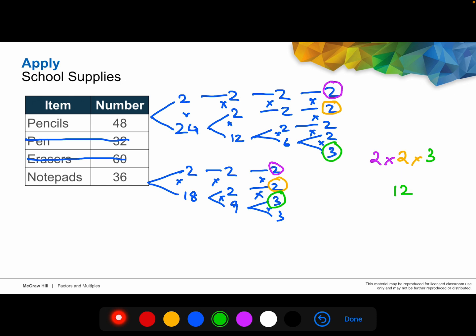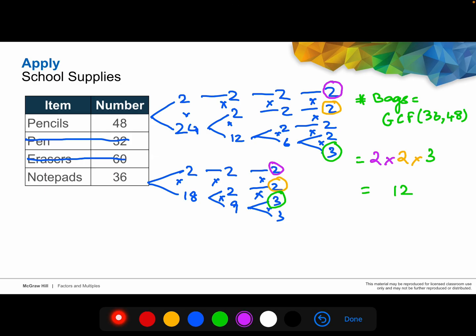Now that I know the number of bags, you know what, I should have written this first. Number of bags equals GCF of 36 and 48, which is equal to 12.